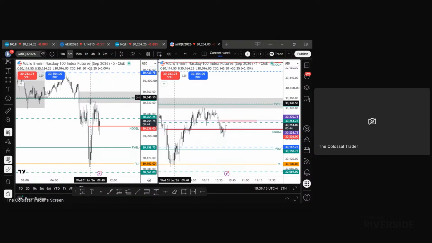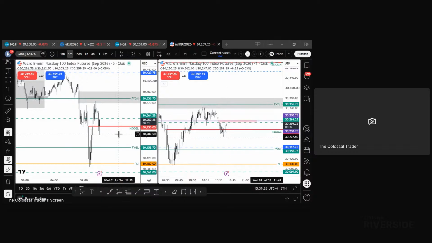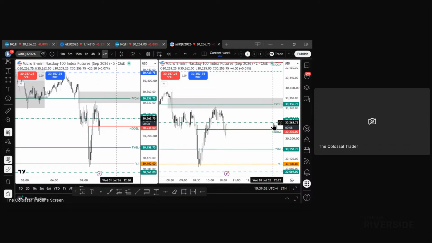One thing I'm not worried about is, well, slight worry. If we do go above here, they could slice these highs and then still give that drop. It's my only worry right now, if that's in their cards. Okay.